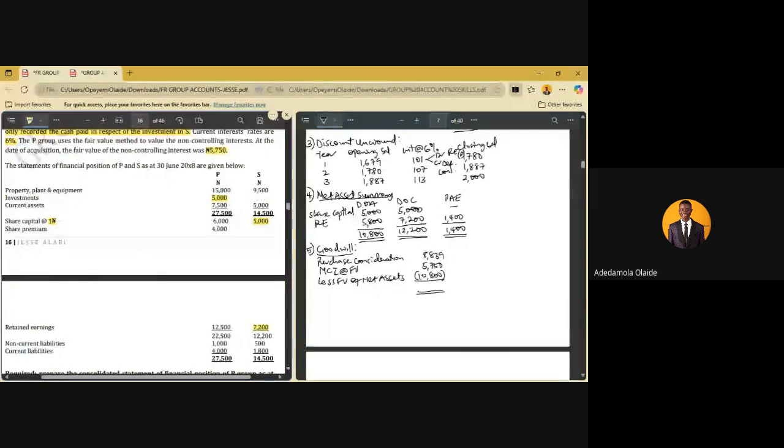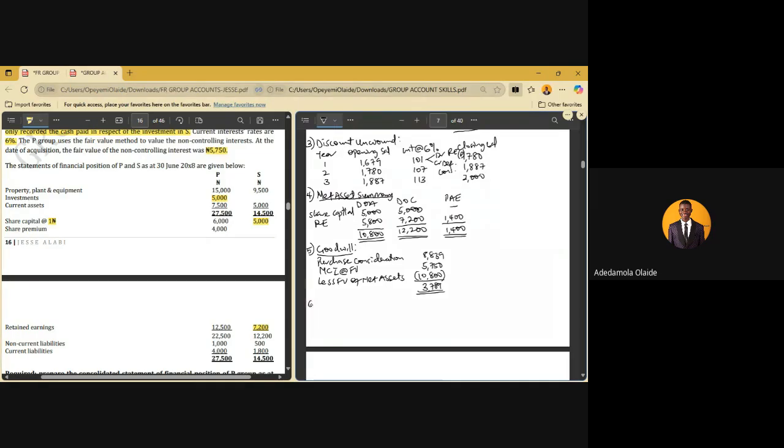What do we have as the goodwill? 3,789. So don't forget, the goodwill will be for both parent and NCI, because NCI was measured at fair value.